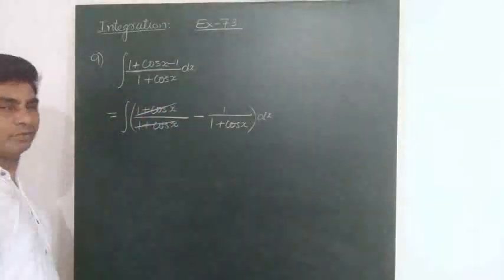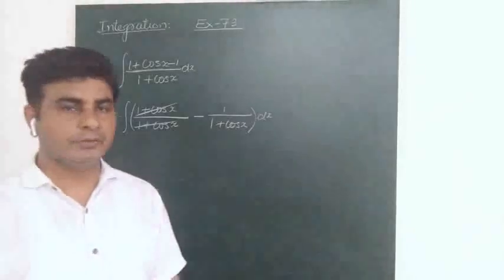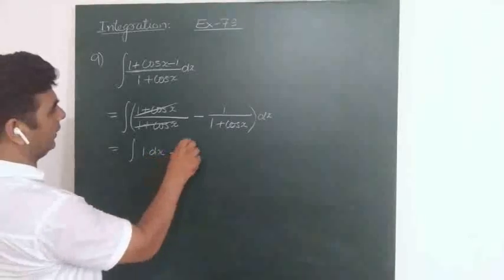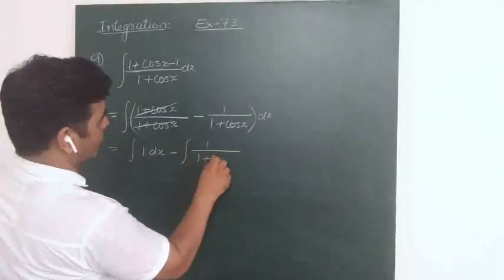These two will be cancelled out. Very simple. And this is now 1 into dx minus 1 over 1 plus cos x.